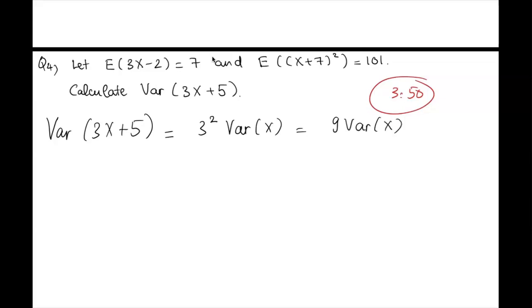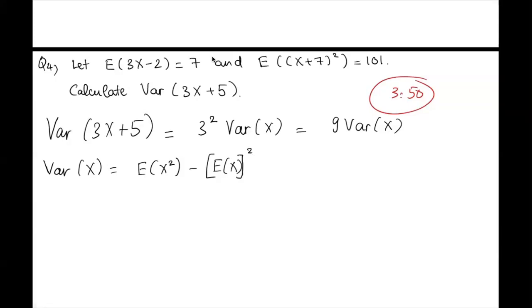So now, in order to calculate this quantity, we will want to find what is the variance of x. Variance of x is given by expected value of x squared minus expected value of x, and then square that number.